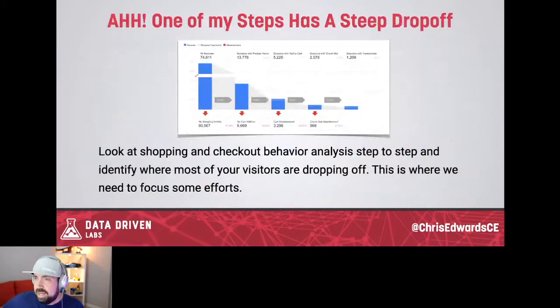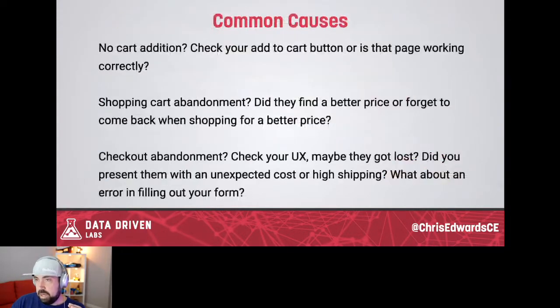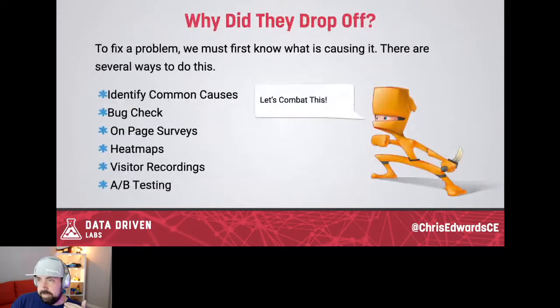All right, so let's talk about what happens when we see a steep drop off inside these funnels. This is how we can take this data and really utilize it to improve the sales on our site. So the first thing, you're going to look at your shopping and checkout behavior, and analyze each step as we go down to see where they're dropping off and where we need to focus more effort. When we're looking at this, we're going to ask some questions: why did they drop off?